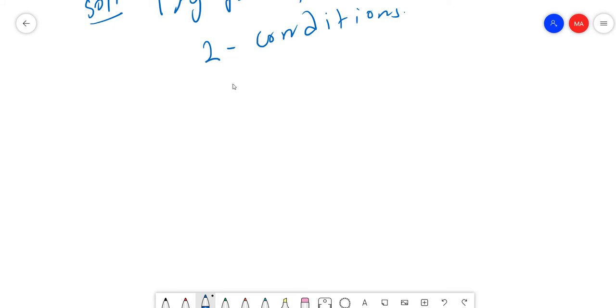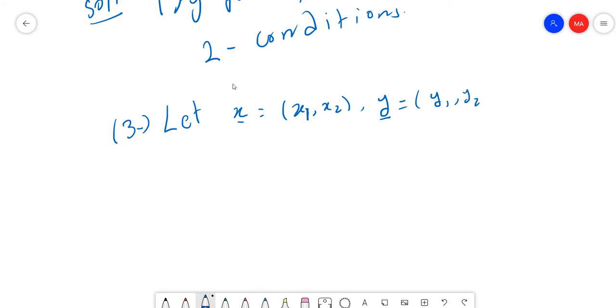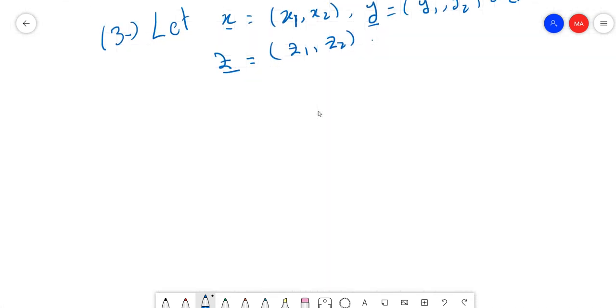verify the third condition. Let x equal (x1, x2), and y is the two-dimensional vector (y1, y2), and z equal (z1, z2), of course in R2.